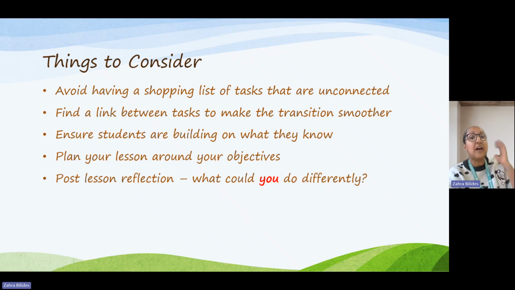It's always important after the lesson to reflect on how it went. If you feel that an activity didn't go so well, perhaps because the learners were tired or they weren't so motivated, okay, that's a good reason. But what could you, as the teacher, do differently?